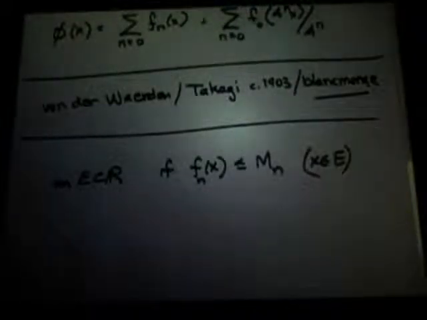On some set of real numbers, if the absolute value of f_n of x is no greater than M_n, so this is the majorizing number for f_n of x, for any x in E. This is the uniform part. x can be anywhere in E, and this is true.